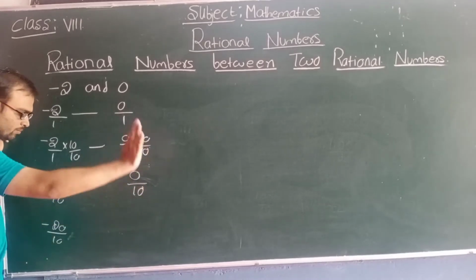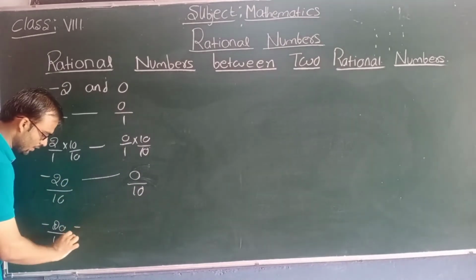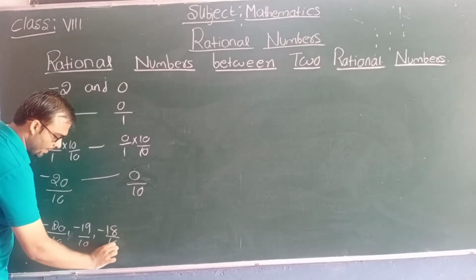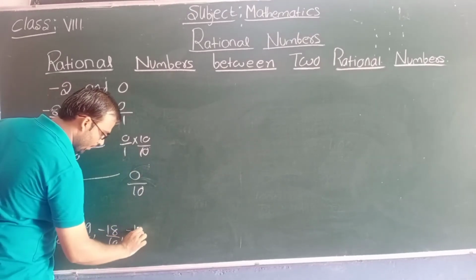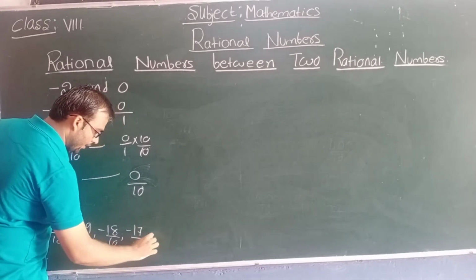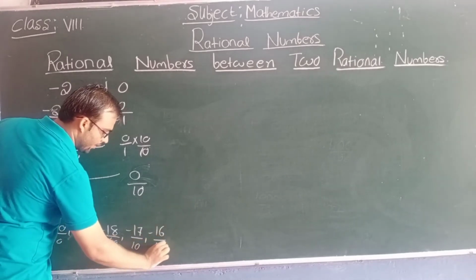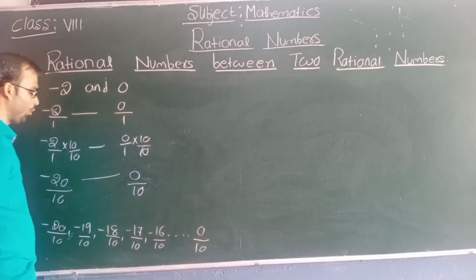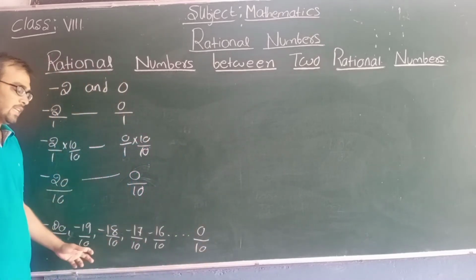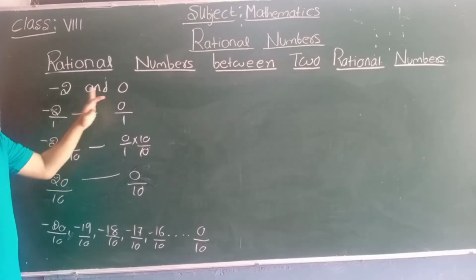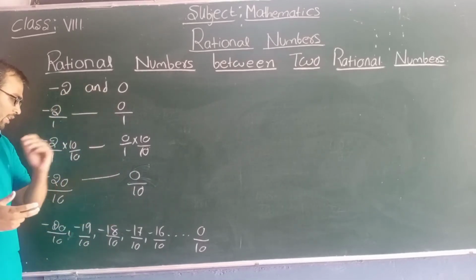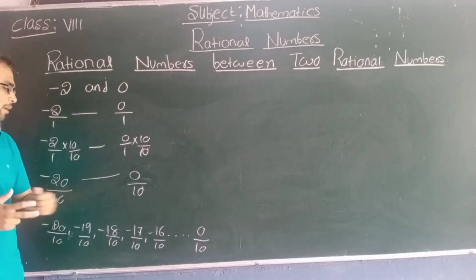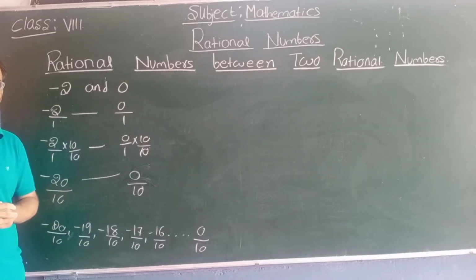Just move from this side, that is -20, then -19 by 10, -18 by 10, -17 by 10, -16 by 10, up to 0 by 10. So these are the rational numbers between -2 and 0. If you want, you can still multiply by bigger and bigger values to get more and more rational numbers between any two numbers.